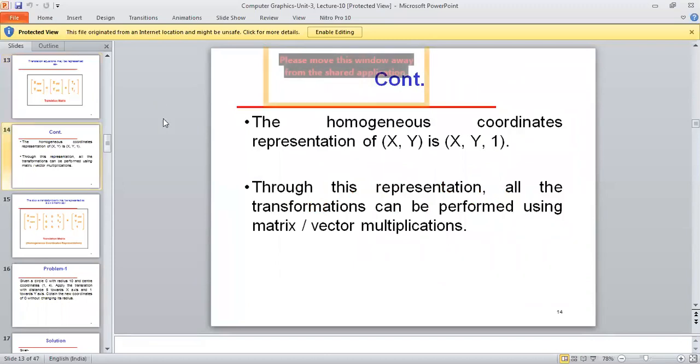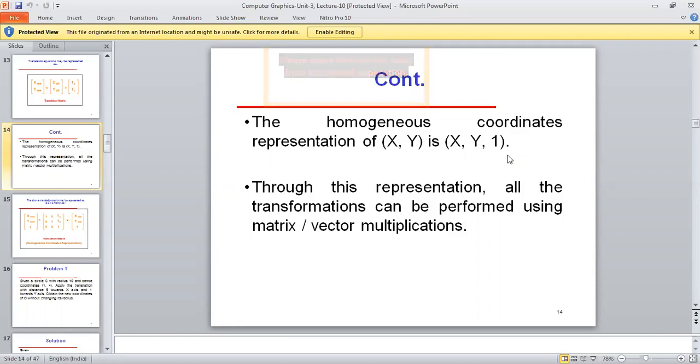The homogeneous coordinates representation of x, y is x, y, 1. Whenever we indicate in the form of a matrix, to maintain consistency we will use x comma y comma 1, because the representation will be in the form of a 3 by 3 matrix.